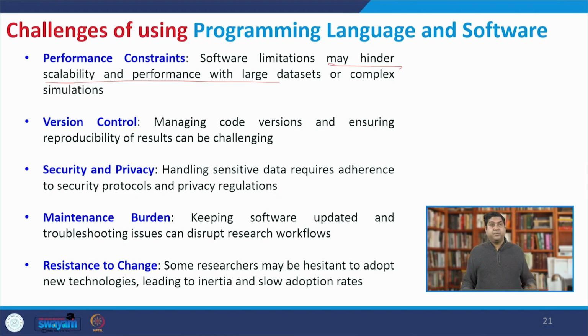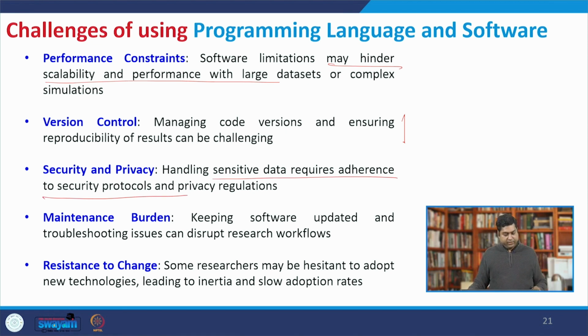Version control: software is nothing but a sort of programming where developers are updating day by day, and it keeps updating from version 1 to version 2, etc. Many a times version control is very difficult. Security and privacy: handling sensitive data requires adherence to security protocols and privacy regulations.